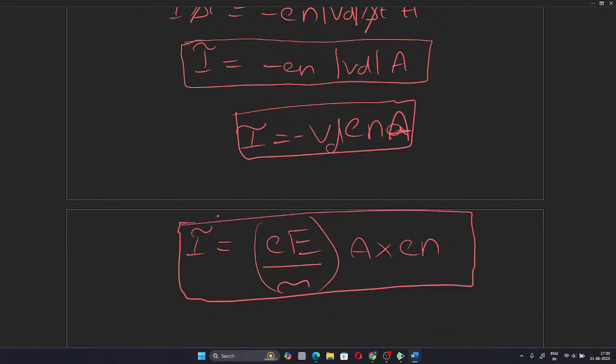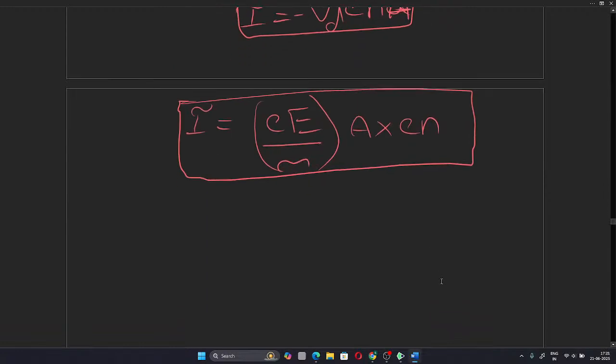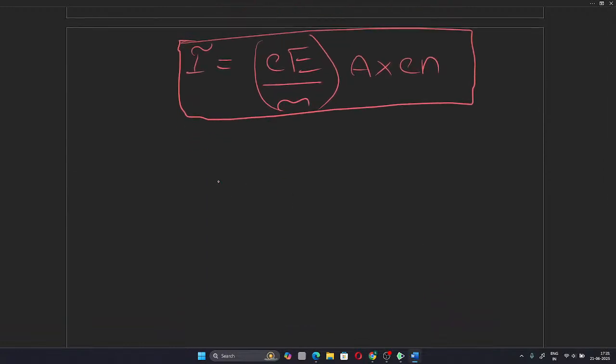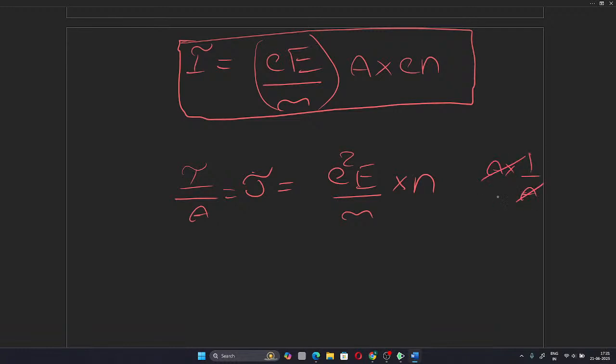And if you want to denote an expression of current density here, we can divide both sides by A. I by A, which equals current density, equals n e squared E tau by m times, where A times 1 by A got cancelled.